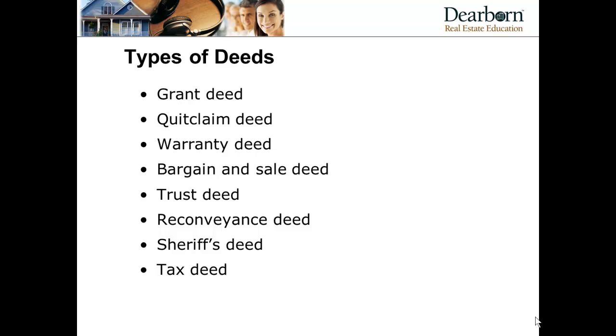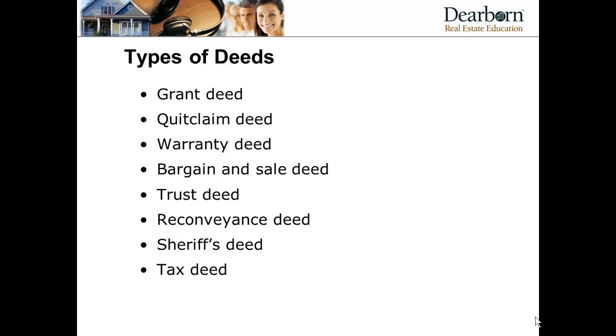The sheriff's deed is used if there's a foreclosure action and there's no warranties implied. So you'll hear about properties bought at a sheriff's sale may be encumbered with liens or other problems. So there's no guarantees about the title there.